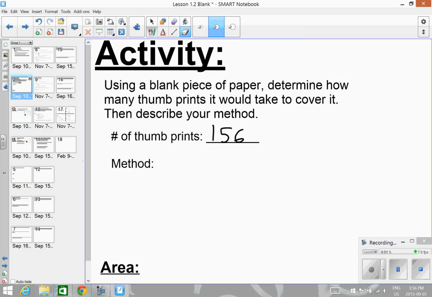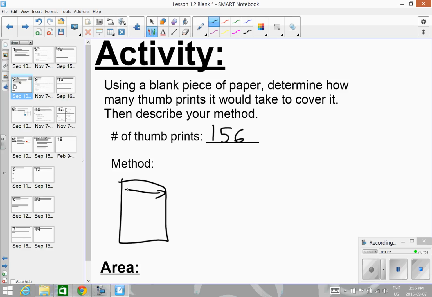So what I did is I first figured out how many thumbprints it would take to go this way, and then how many it would take to go this way. For me, it was 12 this way and 13 this way. And then I went 12 times 13, and I got 156.